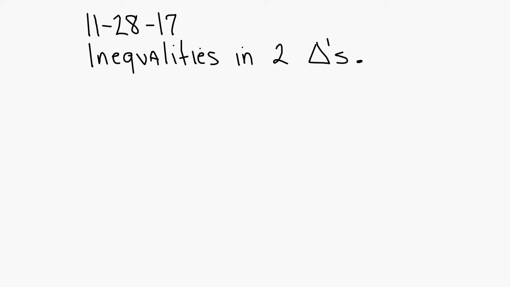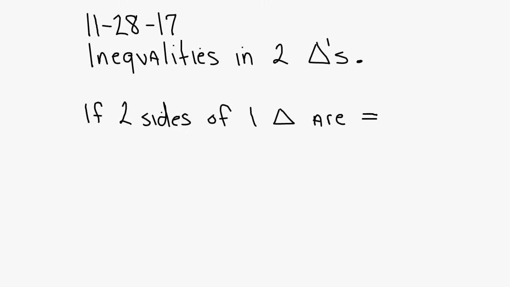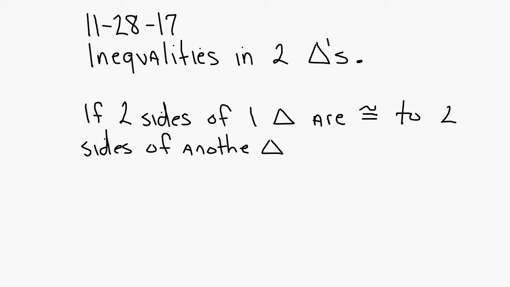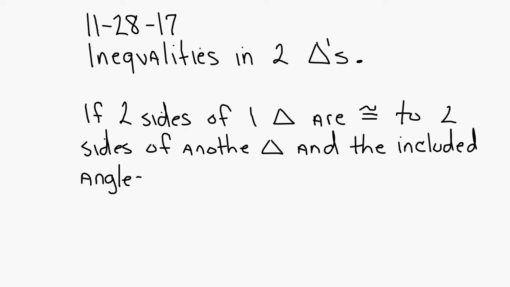So we're gonna say that if two sides of one triangle are congruent to two sides of another triangle, and the included angles are not congruent.